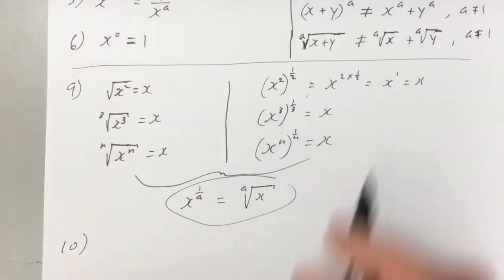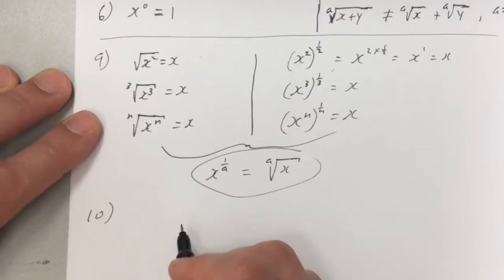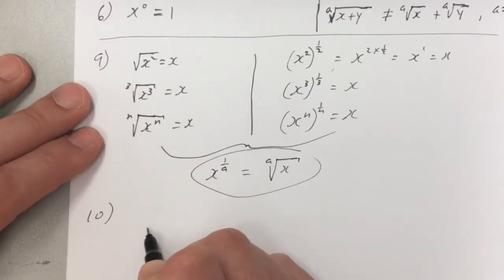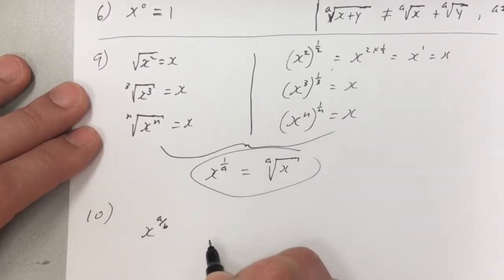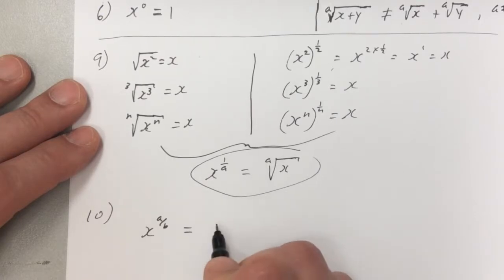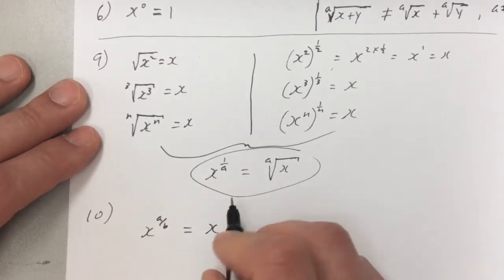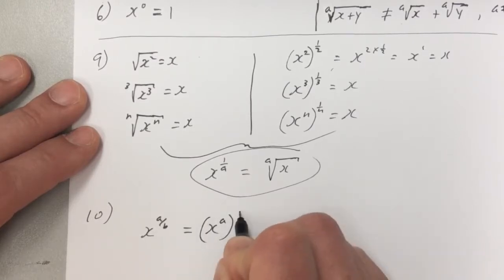Okay, so 10 is just really an application of that. Well, if you have a rational exponent of, say, x to the a over b, well, you can divide that fraction up. You can say that that's x to the a to the 1 over b.